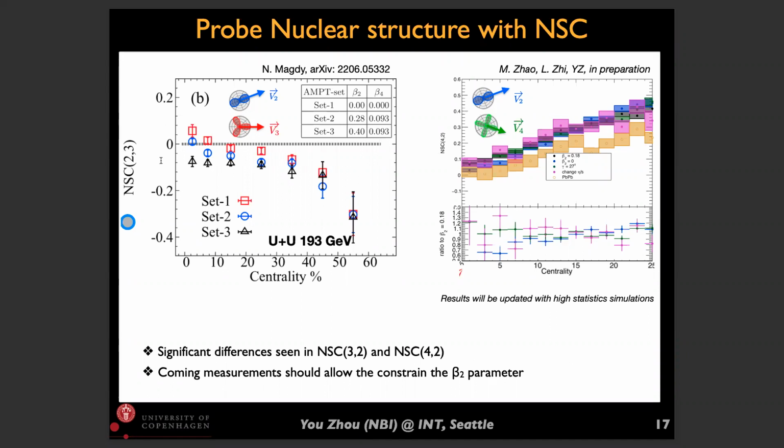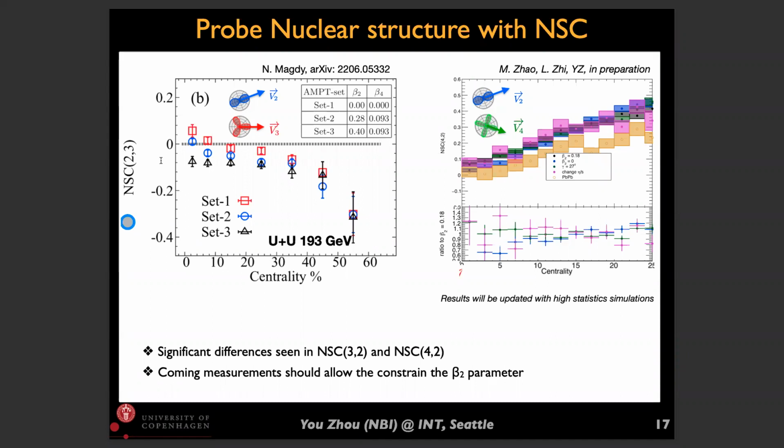So basically, the results confirm each other for the uranium collisions at RHIC and xenon collisions at the LHC. And for such big differences, it's very easy to probe using the xenon data.